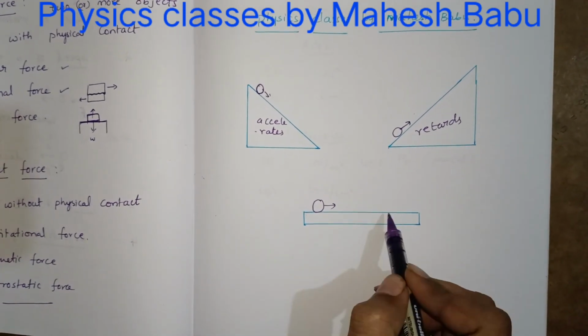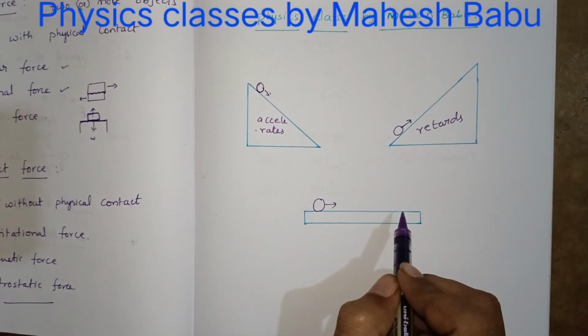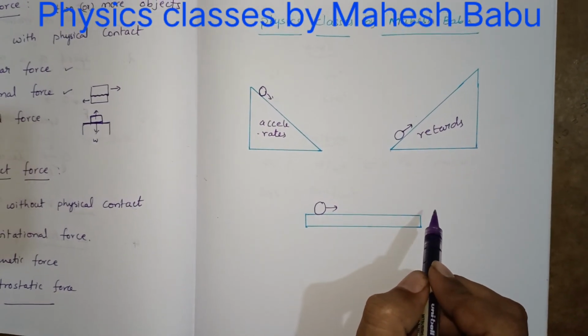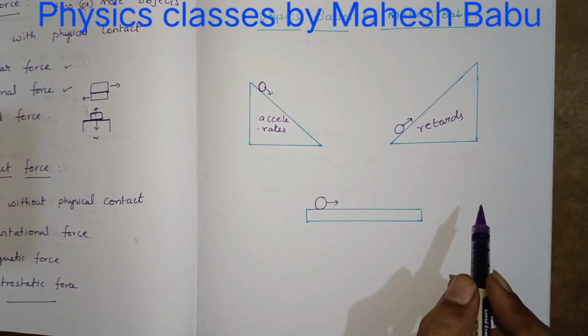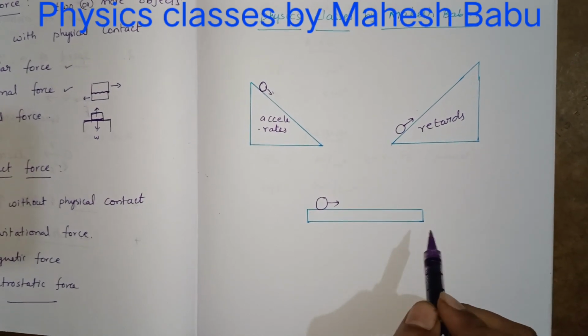If the body is moving, it continues moving. It moves with uniform motion in a straight line, because there is no reason to increase or decrease the speed. So we need not apply any force.